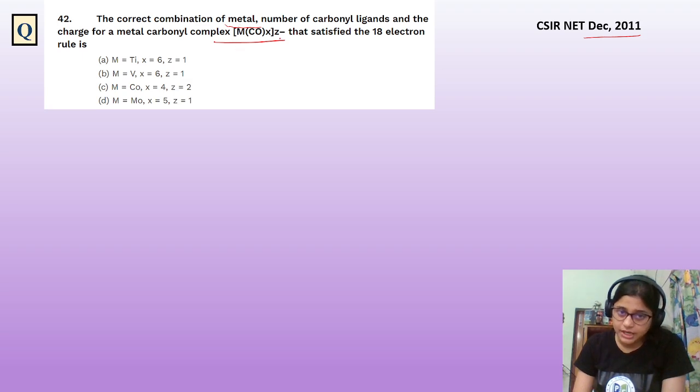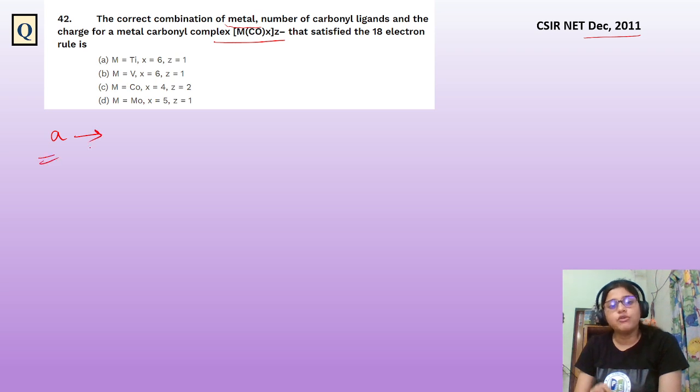This is the generalized complex, with the number of carbonyl ligands, X and Z. So everything is given here. For each case, you have to count the 18 electrons. First metal is titanium. Scandium means d1, titanium is d2, so 4 electrons for d2.